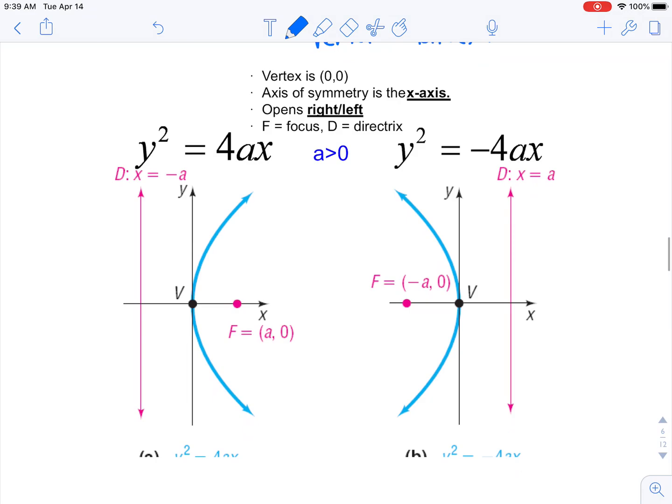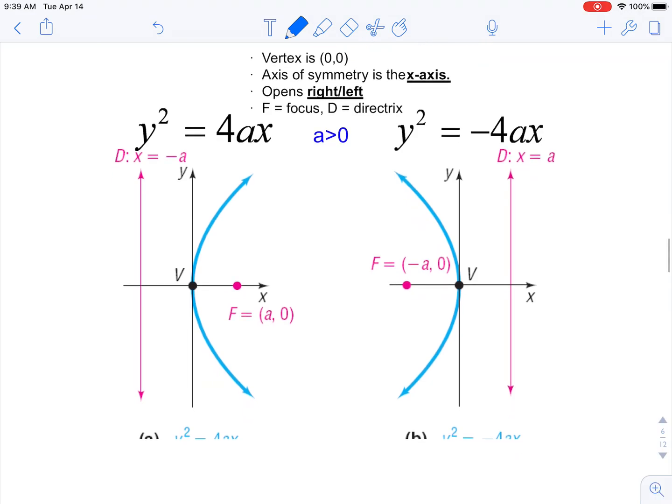Now, the one thing we haven't talked about so far this year really are parabolas that open left and right. Parabolas that open left and right, a few distinctions. First of all, I want you to notice that in parabolas that open left and right, we have x and we have y squared, versus the other way around. The rest of the equations really do stay the same. We still have this 4a in both equations.